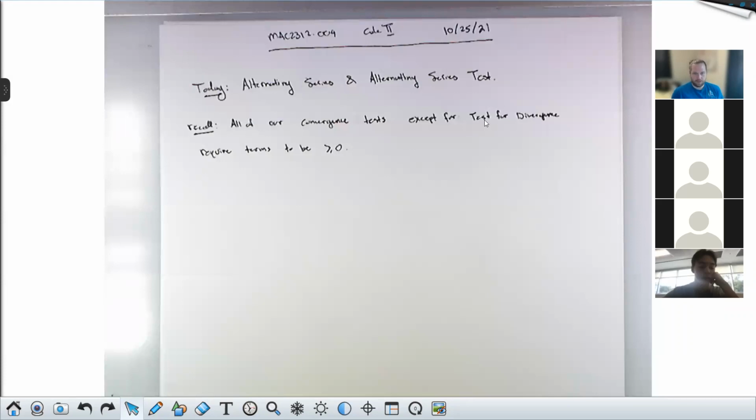The two comparison tests, the direct comparison test, the far left side of that inequality is 0. So those terms have to be positive. And the limit comparison test says if sigma an and sigma bn are series of positive terms, then blah, blah, blah. So all of our convergence tests so far, except for the test for divergence, require the terms of the series to be greater than or equal to 0.